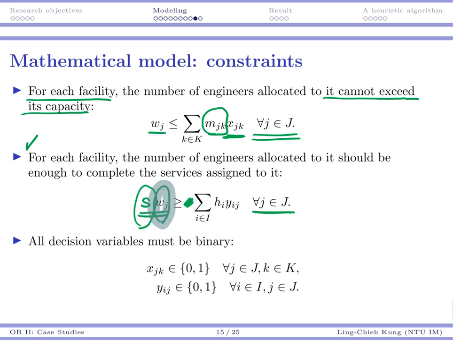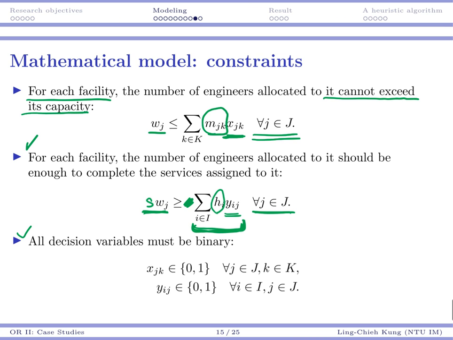Once you know this number, then each of the assigned customers is going to bring h_i events to this facility, and the total number of assigned services cannot be greater than the total number of services that this facility may complete. So that's about capacities.